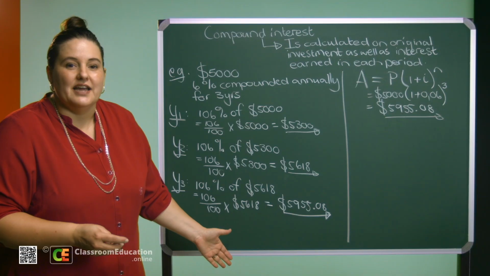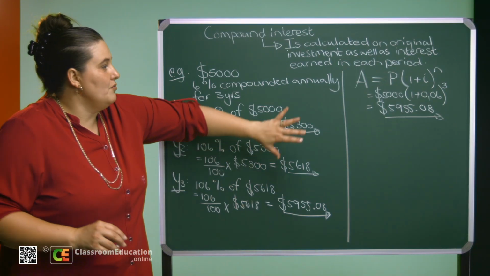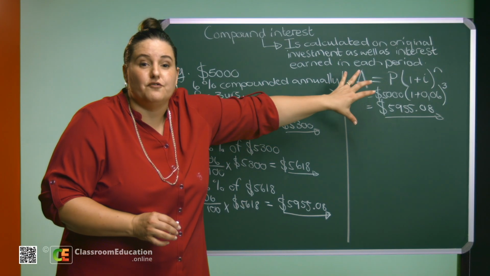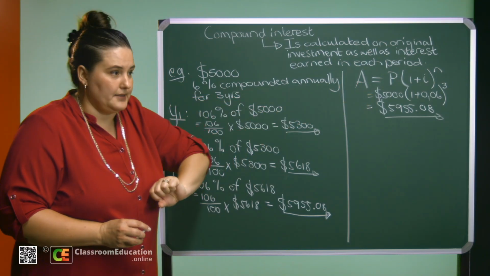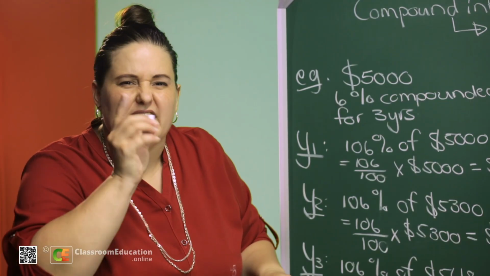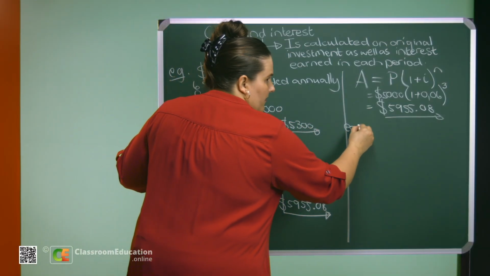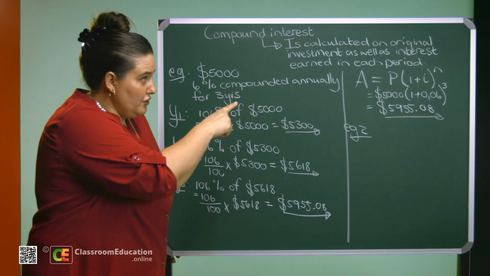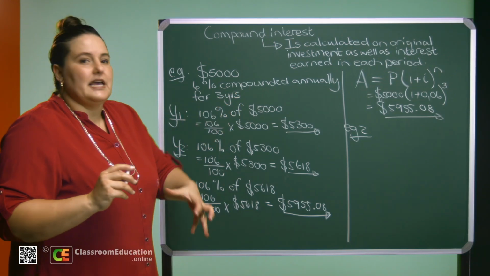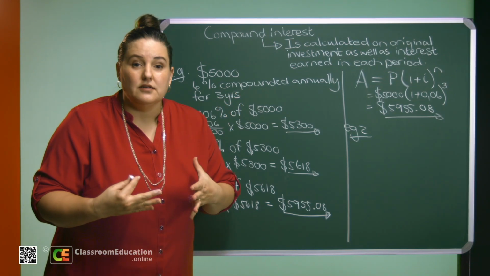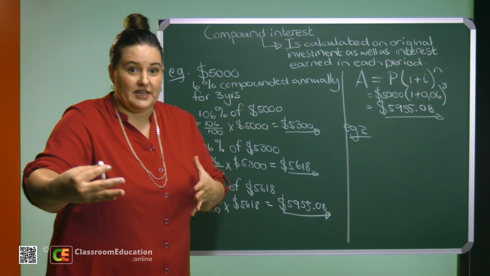Okay, so grade 9s, especially for the grade 9s, you are more than welcome to use that formula when you calculate this. Let's do another example, and we're going to use the formula for that. Let's say you would like to double your money in the investment.